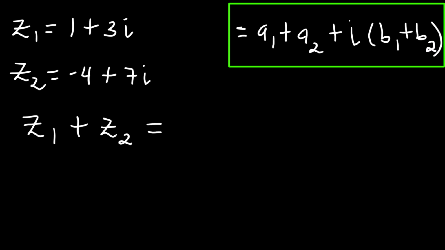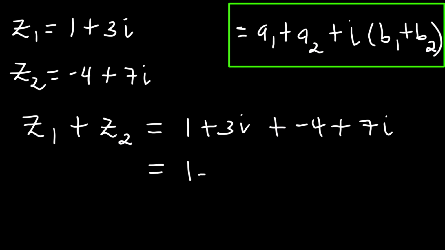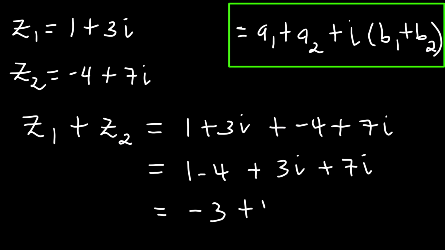So we shall have 1 plus 3i and then plus negative 4 plus 7i. If we collect like terms, we shall have 1 minus 4 and then plus 3i plus 7i. Now 1 minus 4 will give us negative 3, and 3i plus 7i will give us 10i, and that's our answer.